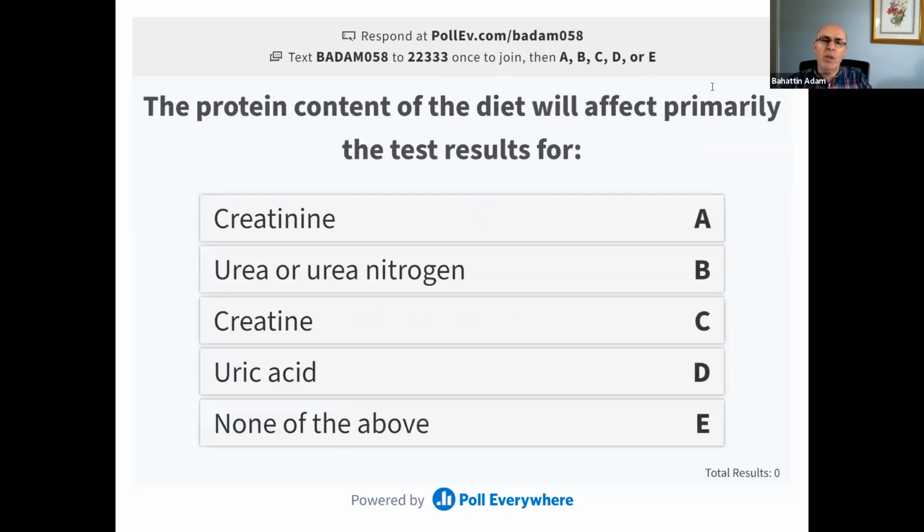Okay, the protein content of the diet will affect primarily the result for which of the following? Which of the following is the waste product of the protein metabolism?